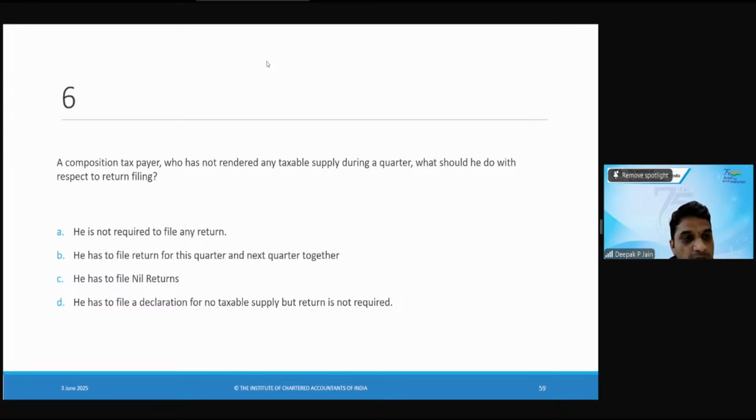B and C, people are confused. He has to file nil return. Okay. Who has not rendered any taxable service, but still he has to file the nil return. Nil return is valid under the GST law.